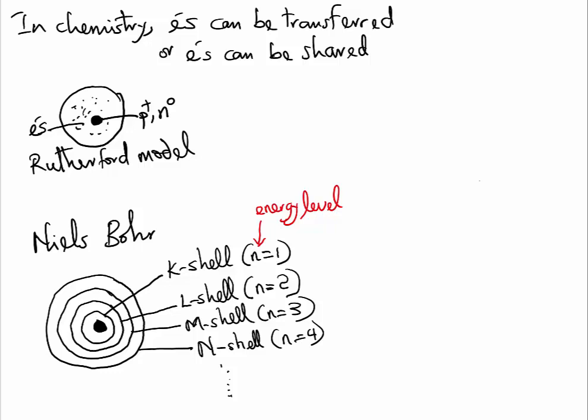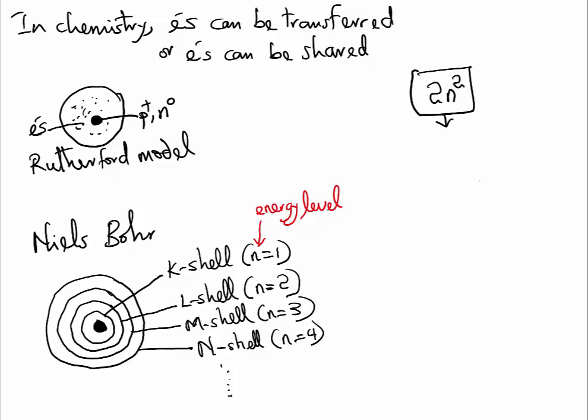Each shell can only hold a certain number of electrons, and there is a very simple formula for calculating how many electrons can be found in each energy level. The formula is given as 2n squared.